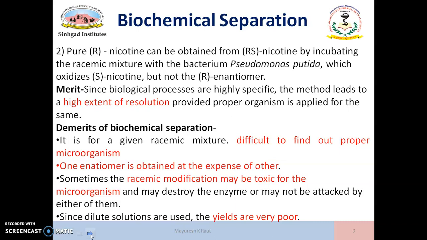Sometimes the racemic modification may be toxic to the microorganism, and there are chances that the microorganism may die, leading to incomplete separation. Since we are using dilute solution for this method of separation, the yields obtained are very poor.